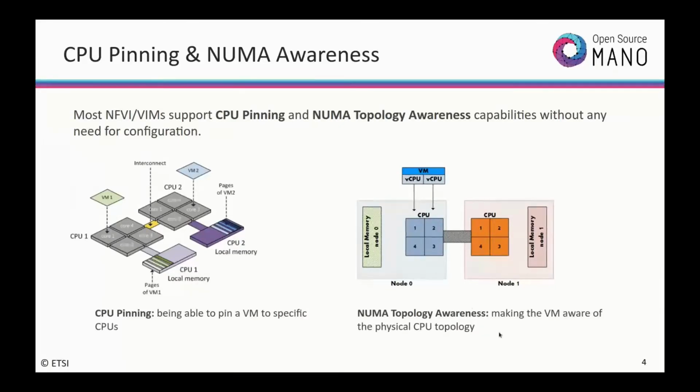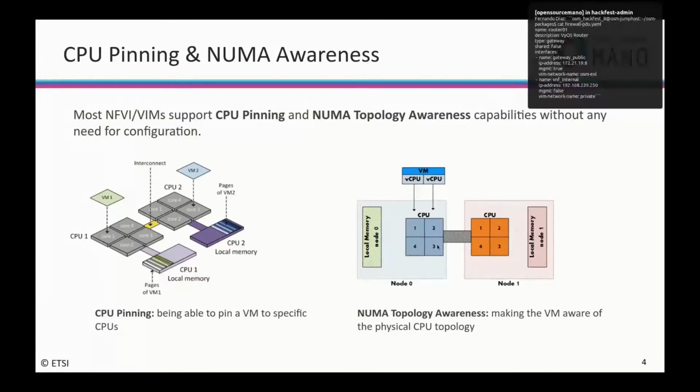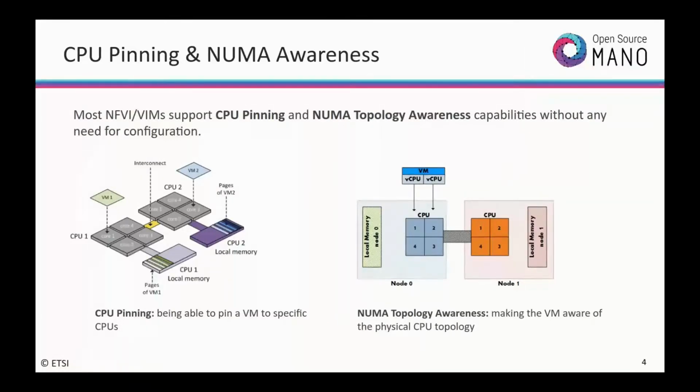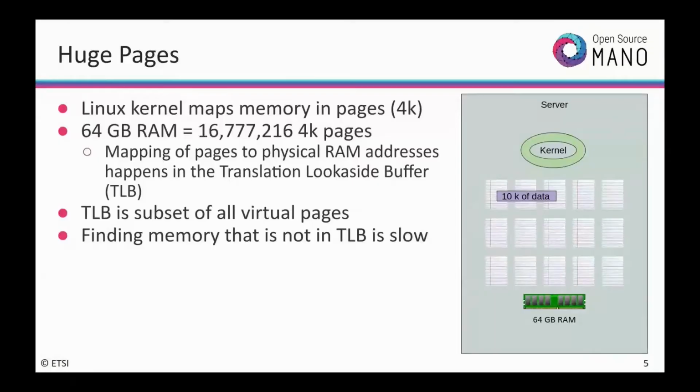And NUMA topology awareness is what allows open source MANO and OpenStack to communicate that back to us. So in order for us to know that this VM needs to go to this CPU, we need to have topology awareness. And all of this is built in to OSM.